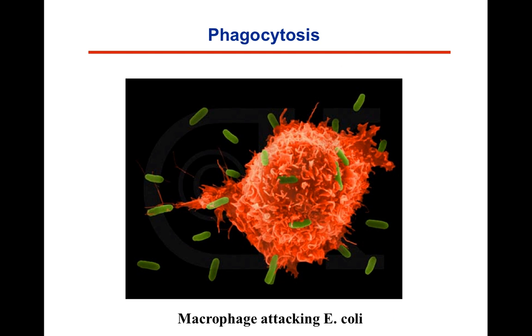So here's a picture. The phagocyte is this big red, hairy-looking cell. Of course, phagocytes are not red. This is false coloring. It's in contact with bacteria, in this case E. coli. You'll notice its surface has a lot of structure and a very high surface area.